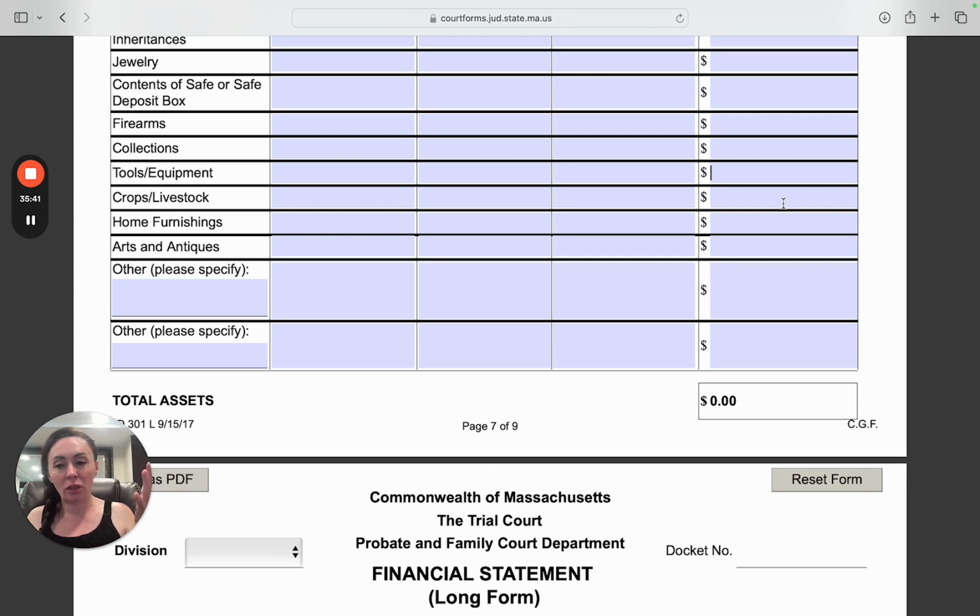When you throw a number down there and it's some big number, what is it comprised of? Is it socket wrenches? Do you have motor vehicle lifts? What are we talking about in terms of tools? Sometimes these things, if they're worth a lot of money, they need to be appraised. So make sure that we have a list if we need it for a further breakdown.